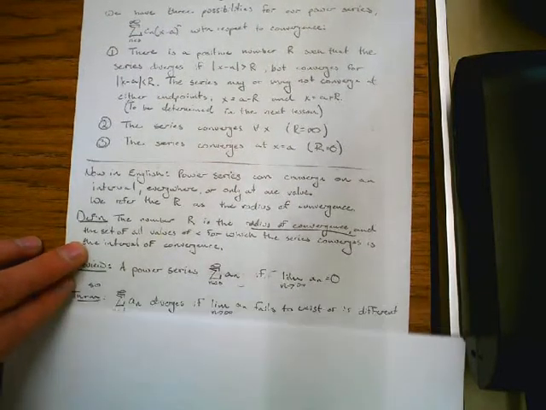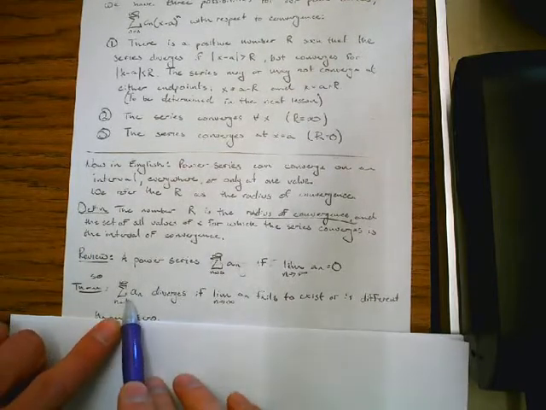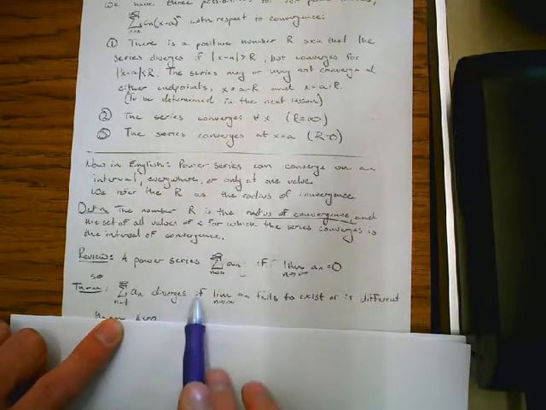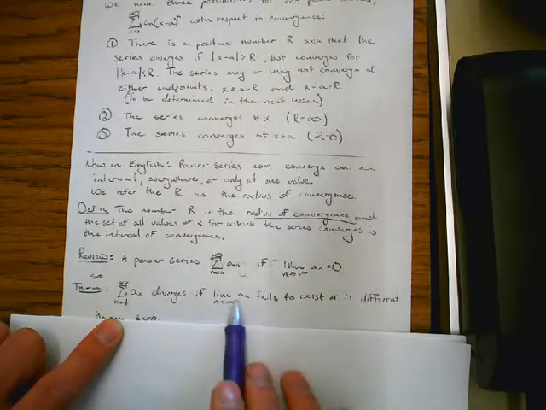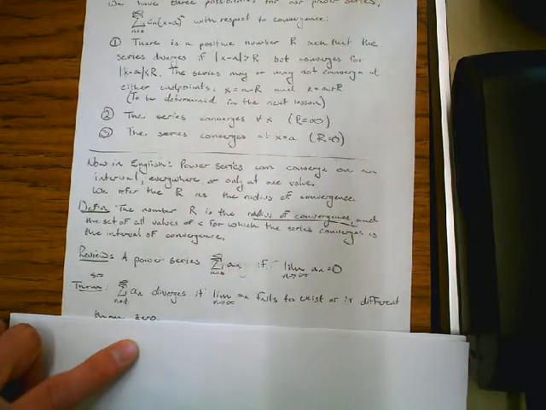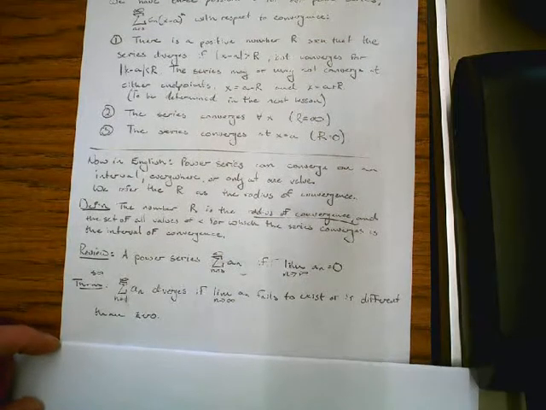So let's formalize that. If the series of a sequence a sub n diverges, then the limit either fails to exist or is different than 0. And that is really just saying the same thing as if the limit of that sequence as n goes to infinity is 0, then it is also convergent.